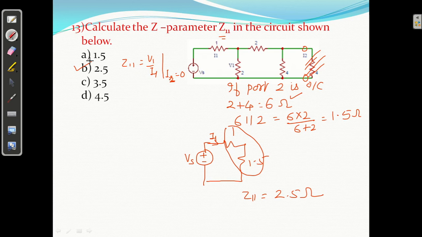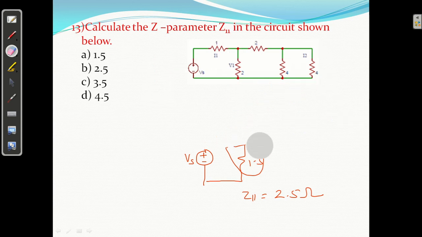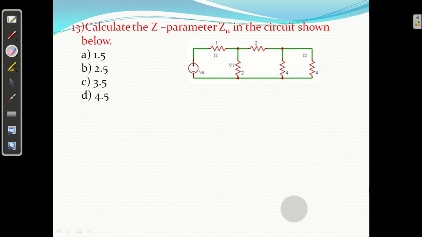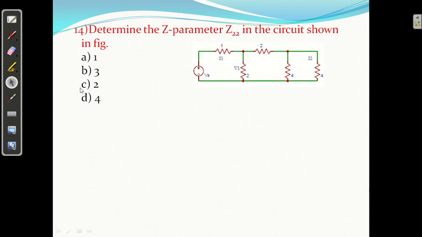Question number 13. B is correct. Okay. Question number 14. I am going to solve. What is question number 14?